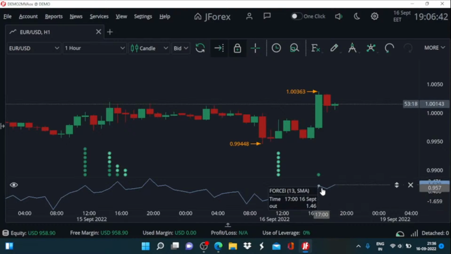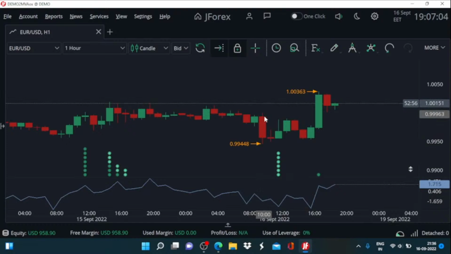Just 2 hours back, we had this sharp move where force index jumped from negative territory to positive territory. So similar kinds of moves need to have both the price action as well as the volume accompanying it to be strong. But if we have price action which is quite strong but not enough volume, then the force index will not move much.